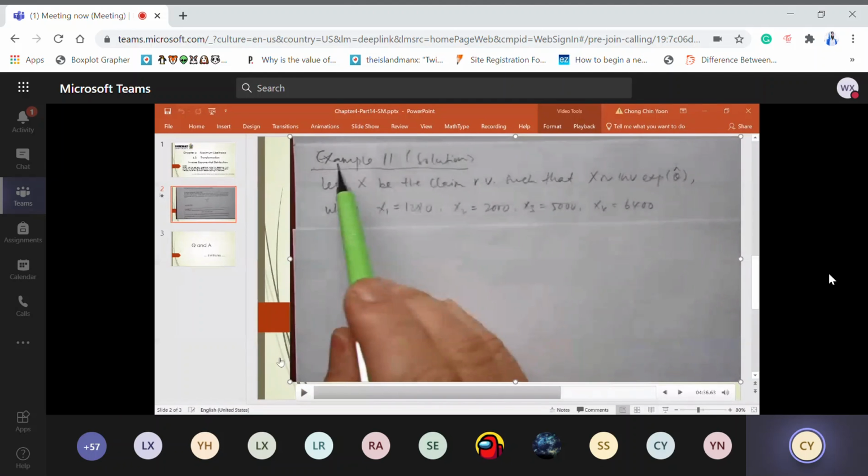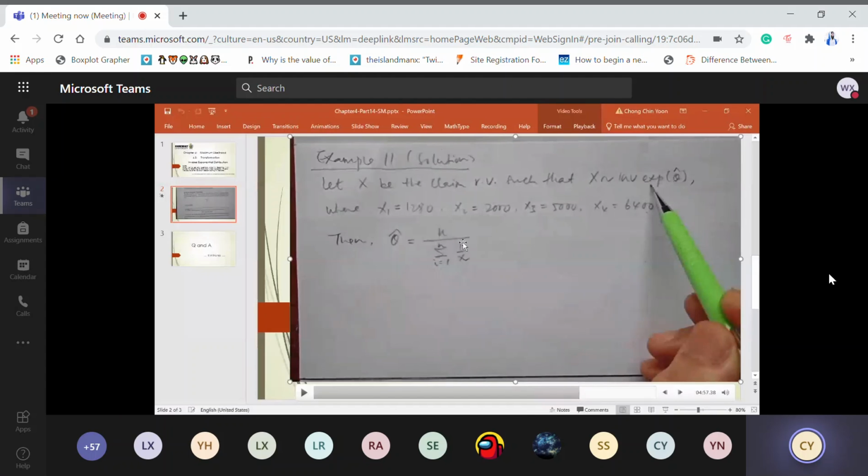For the solution, I skip it because it's very easy, right? I need to find the parameter theta. To save time, we use this formula. Substitute all your observations inside this formula, and you can estimate the parameter theta for the inverse exponential.